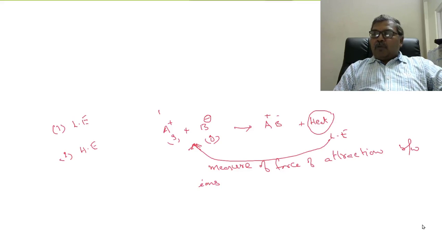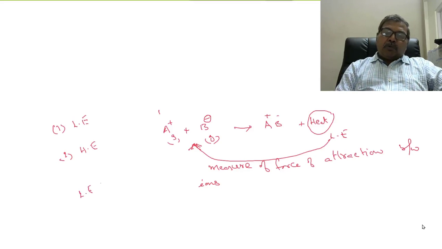See, a large amount of heat energy is released, so there is maximum force of attraction. In other words, greater the lattice energy, greater is the force of attraction. Greater the force of attraction between two oppositely charged ions, greater the lattice energy. Greater the lattice energy, greater the stability. Greater the stability, higher the melting point and boiling point values.